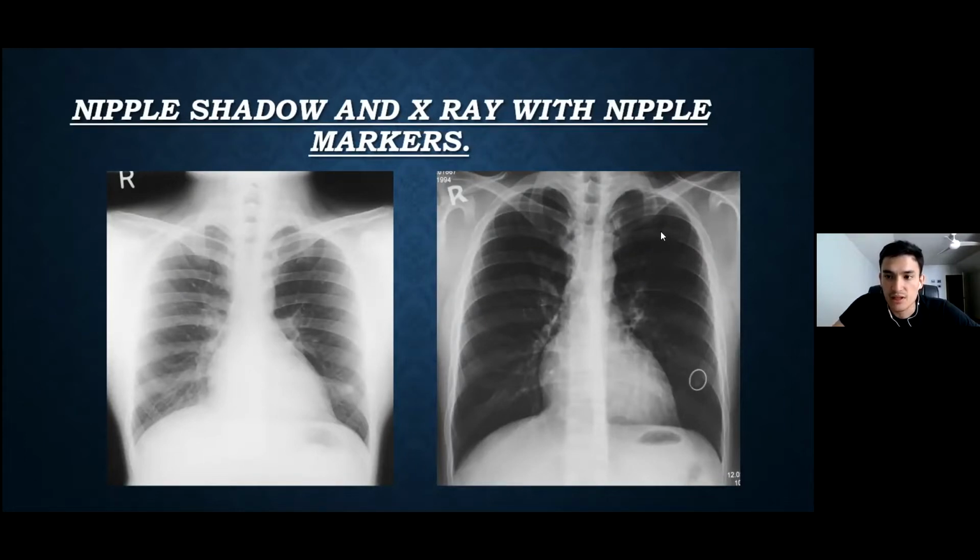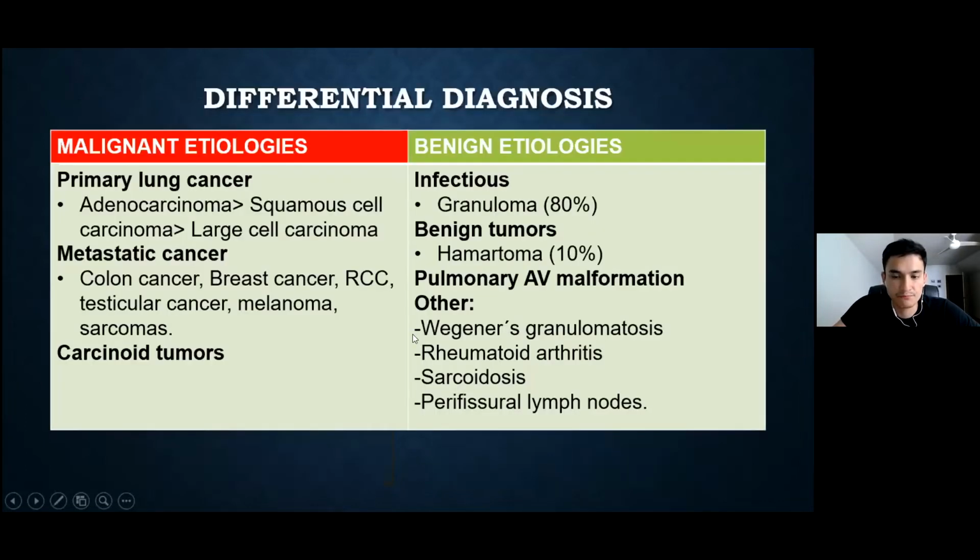And in the second image, we can see that the opacity fits within the circle, which is a radio-opaque body, the nipple marker. If the radio-opacity stays within the nipple marker, it is a nipple, and if it is not inside the nipple marker, then it is probably a solid pulmonary nodule, and a chest CT with thin sections is recommended.